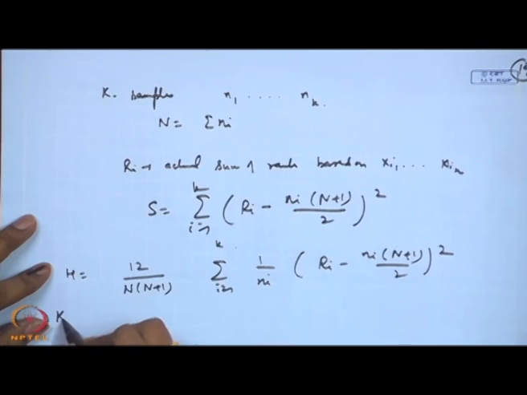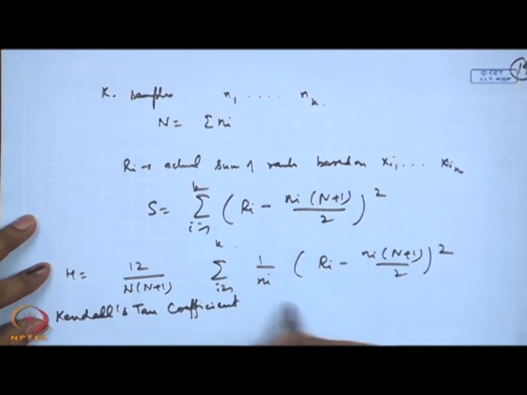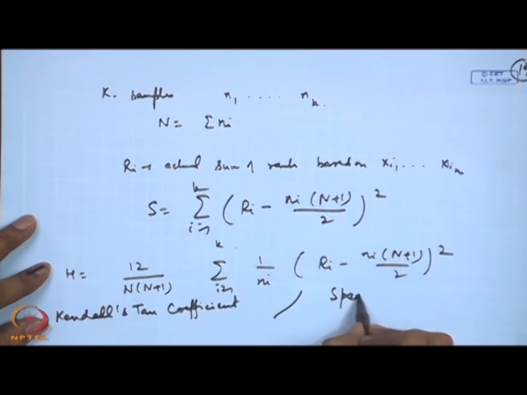If the normality assumption is not there, then we define measure of association and also a correlation coefficient which is based on the ranks. So, we have the two following things. One is called Kendall's tau coefficient, and another one is called Spearman's rank correlation.